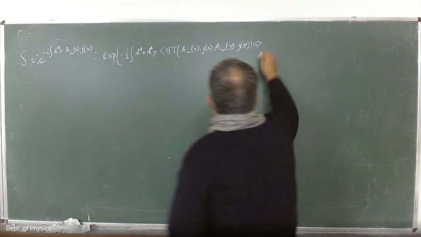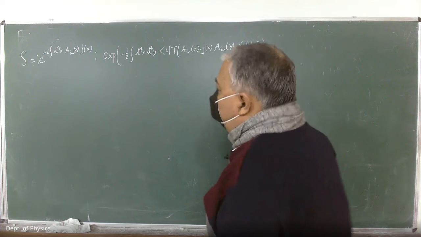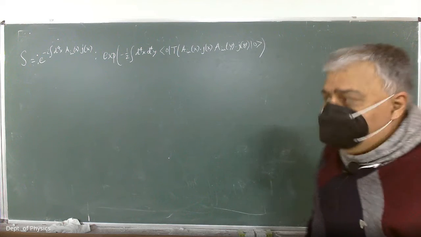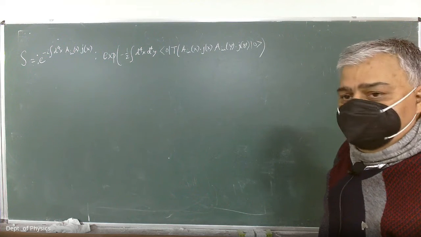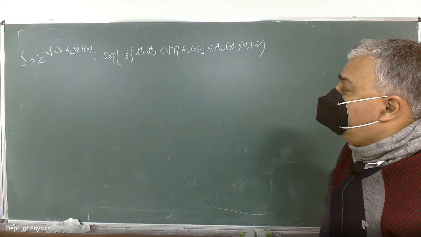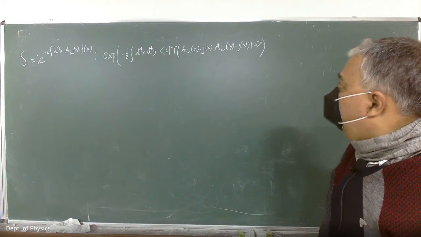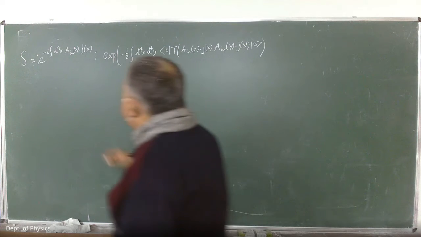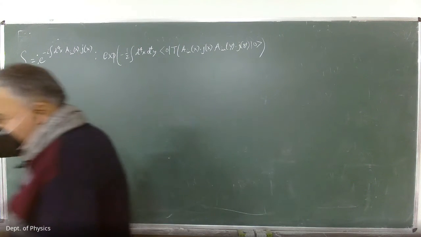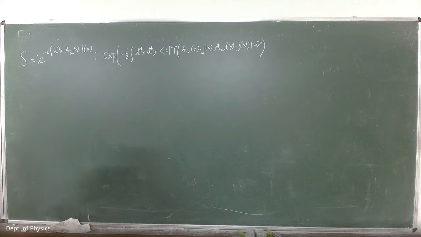Okay. So up to this we have derived since last class. But now, you see, J(x) is actually a classical field, you can say a classical source. It is not an operator.